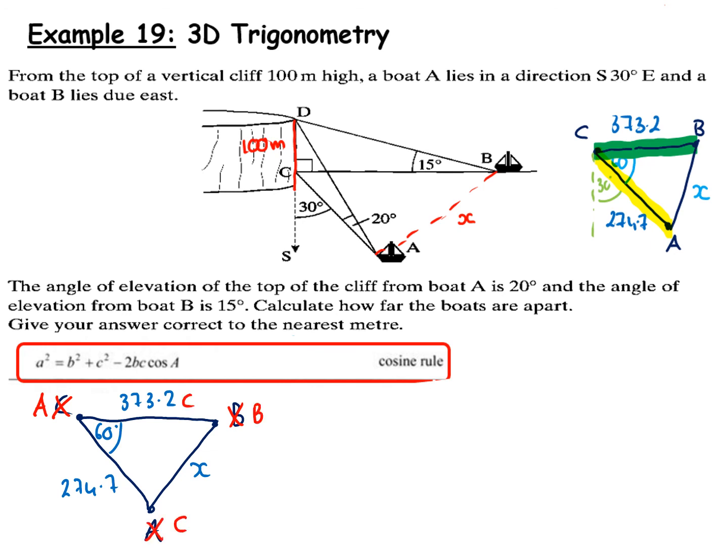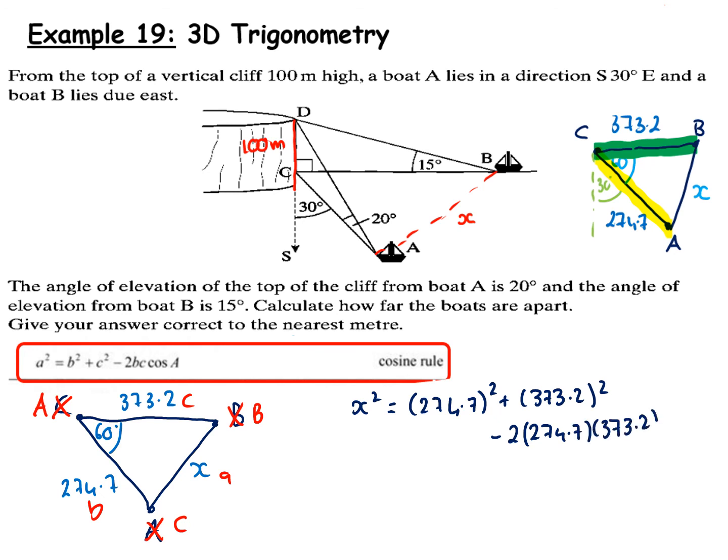So this side is C, this side is A, and this side is B. So my formula then works out as A squared, which is x squared, equals B squared, so 274.7 squared plus C, 373.2 squared minus 2 B, which is 274.7, and C, 373.2, cos of 60 degrees.